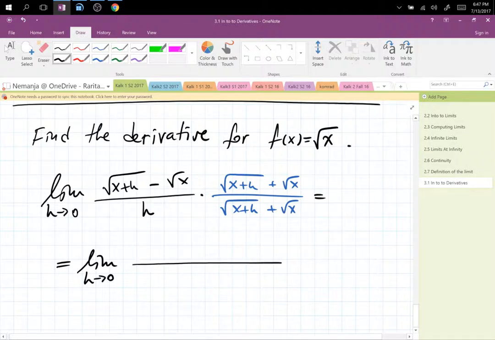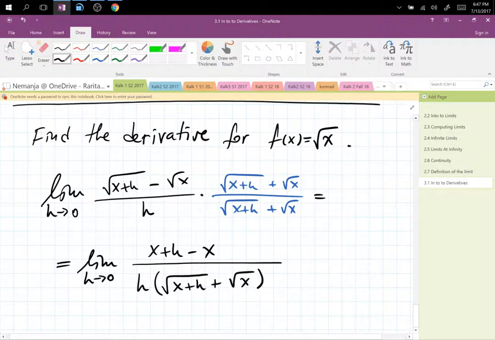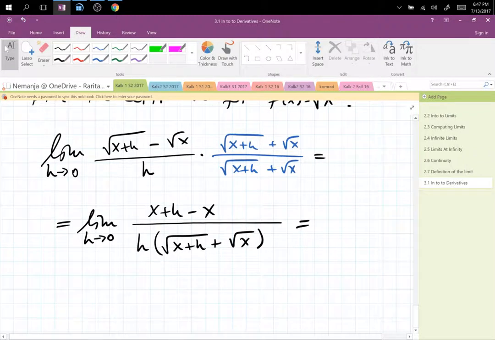So when we FOIL, on top we get x plus h minus x. And on the denominator I'm not going to multiply because h is already factored out, and I need the factored h to eventually cancel it. So these x's will die in the numerator, and you just have h and h. So once the x's are done, the h cancels freely.